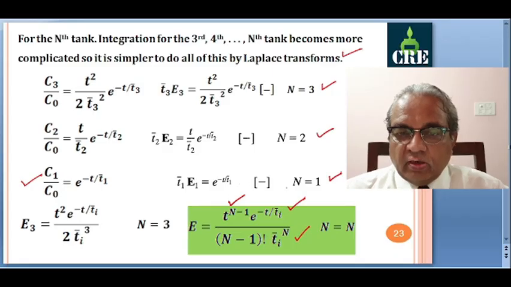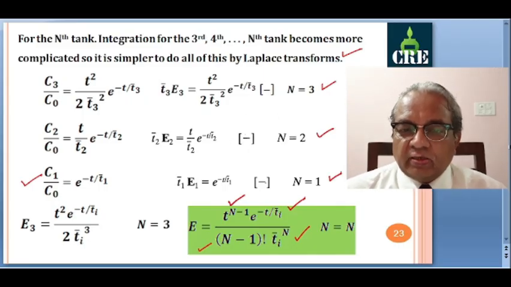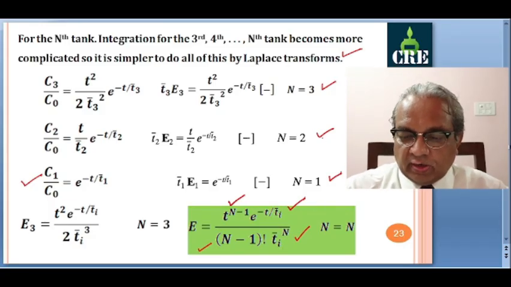And here n, 1 minus 1 factorial, 0 factorial, 0 factorial is also equal to 1. So I can write these terms, and for fourth tank, fifth tank, this will be valid. So simply what you have to do is, if you want to write for fifth tank, this will be 5 minus 1, T raised to 4. Here 5 minus 1, that is 4 factorial, and this will be Ti bar raised to 5. So you can write like this.